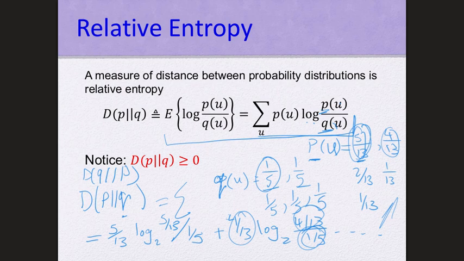Then it's going to be the other way. 1/5 times log to the base 2 of 1/5 divided by 5/13. So it becomes Q multiplied by log of Q divided by P. Okay? So if it was this way, then you flip everything. So rather than being P over Q and you multiply by P, in this case, it will be Q multiplied by log and then Q divided by P of u.